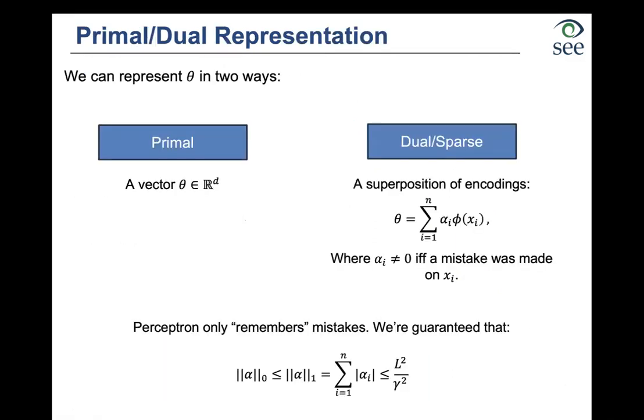So one thing that turns out to be really important about the perceptron is that we can represent the vector of weights that it returns in two ways. We can think of it just as a vector in HD space. Or we can think of it in this dual representation in which we view it as a superposition of encodings.